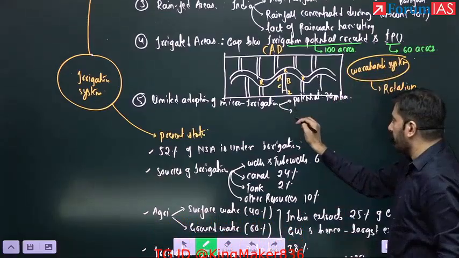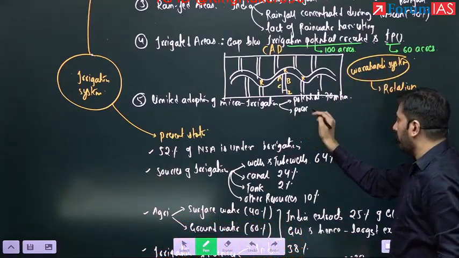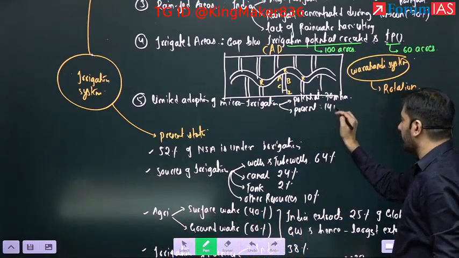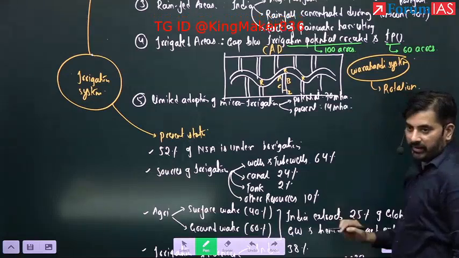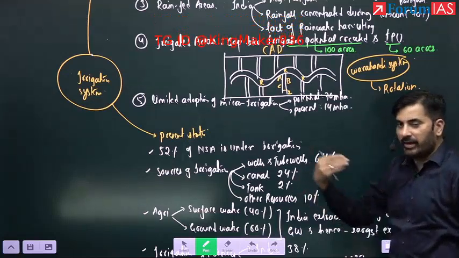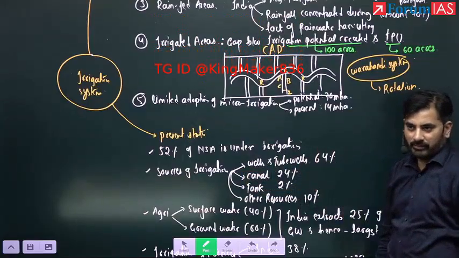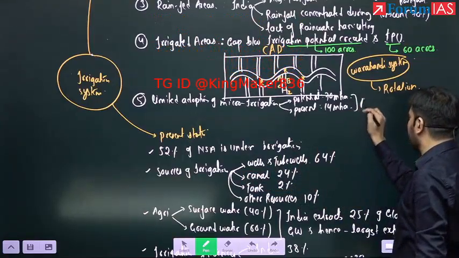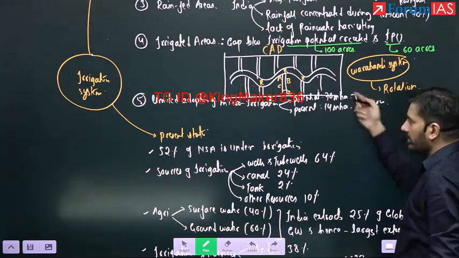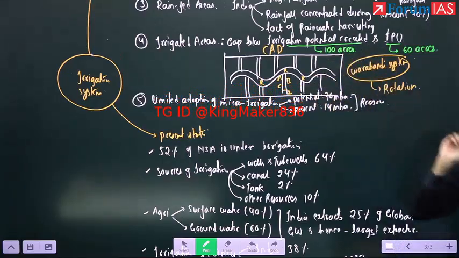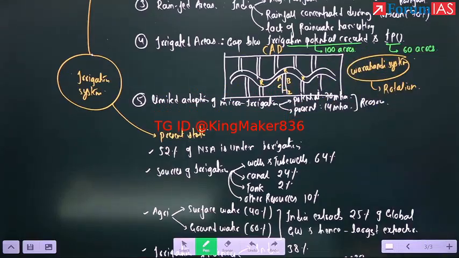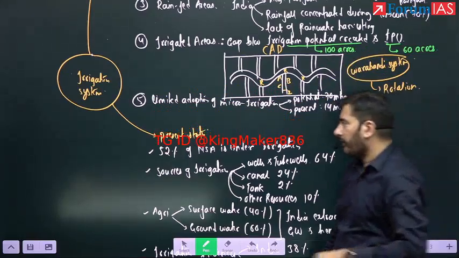But the present status of micro irrigation is just 14 million hectares. If you convert this as a percentage of net sown area, how much will it come to? 10%. That's it. As far as the reasons are concerned, do not worry. We will cover them when I take up micro irrigation. Okay. Next.